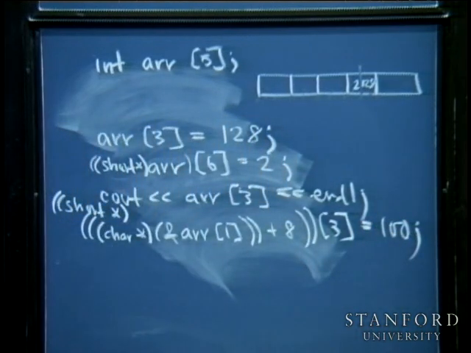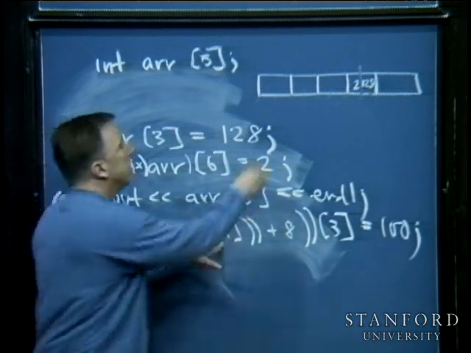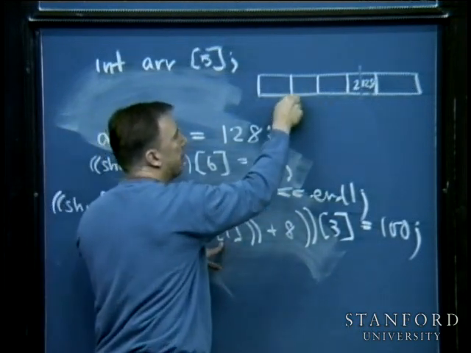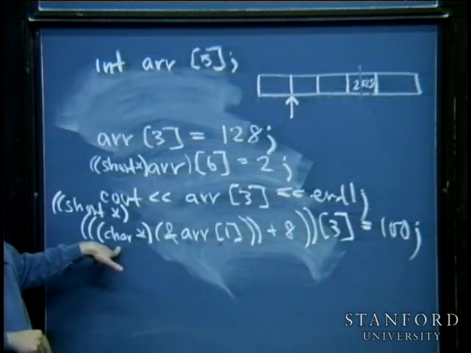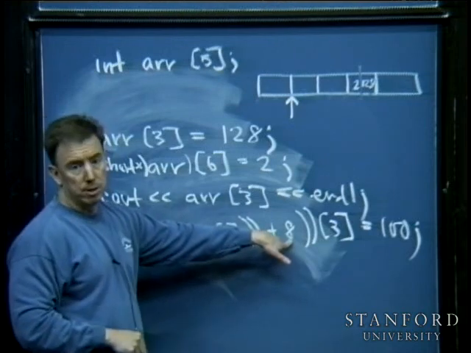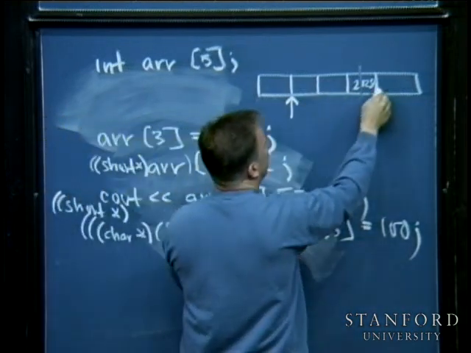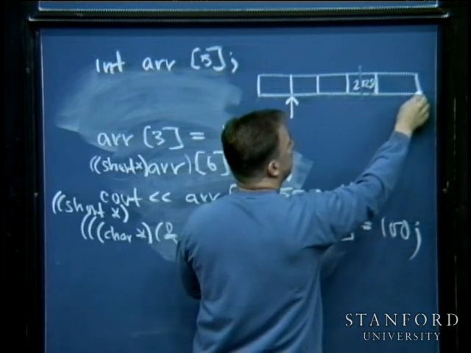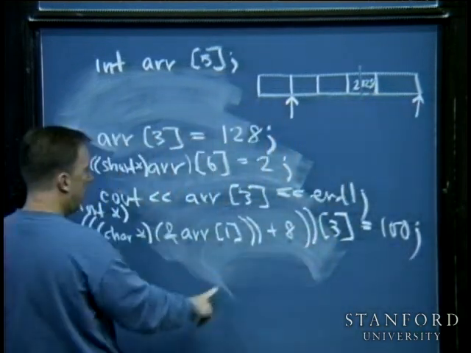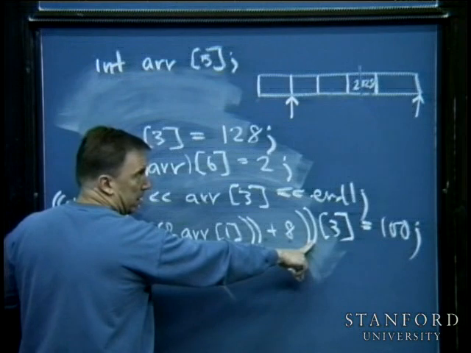I think I have the patience to go through with this and show you what's going on right here. ARR of 1 is that box right there, so the ampersand is that right there. Pretend just for me that you're a char star so I can do something funky and add 8 to you, but have it mean 8 times size of char, plus 2, plus 4, plus 6, plus 8. So that's the address of this right here, okay?